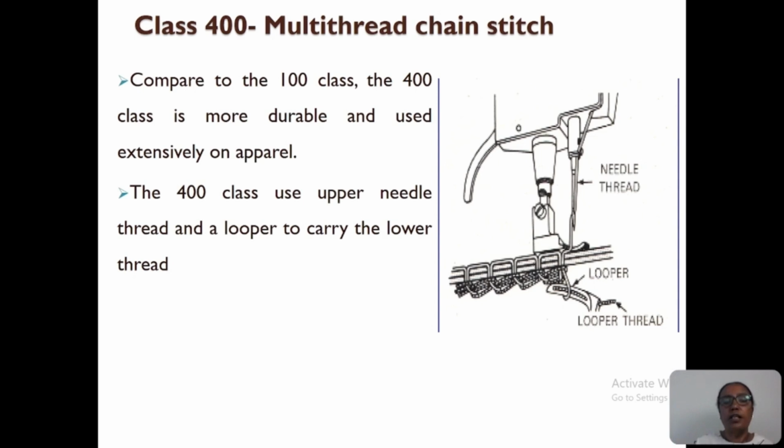The class 400 uses an upper needle thread and a looper to carry the lower thread. The lower thread is carried by the looper. So this one is the looper, and this one is the upper thread, or the needle thread.